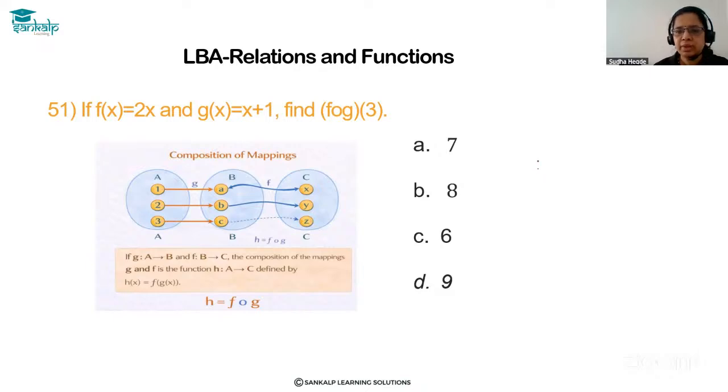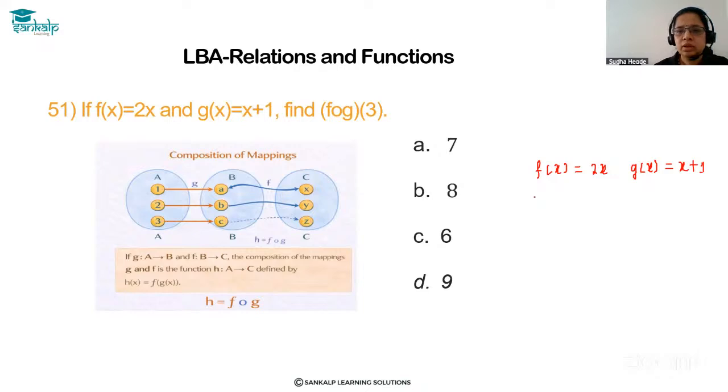So given f of x is equal to 2x, g of x is equal to x plus 1.